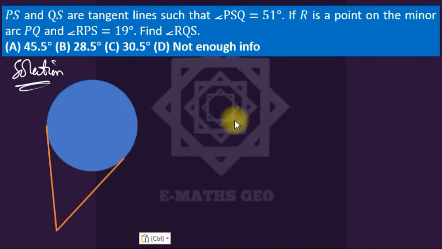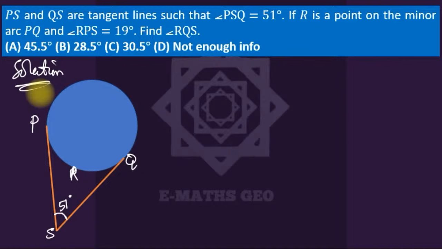Okay, we now have tangent line PX because they told us PXQ is 51. So tangent line QS and PX intersect, which makes an angle of 51 degrees. They said if R, let's call here Q, R's, such that angle RPX is 19.